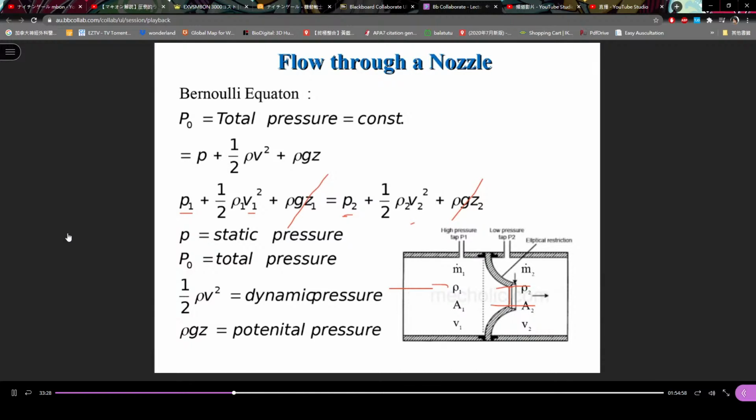Or a lift as well. Every day you take a lift in Hong Kong, you may feel some lower pressure in your ear. Why? Because the velocity is high. Velocity is high, the pressure is low. That's Bernoulli's equation, one of the applications.